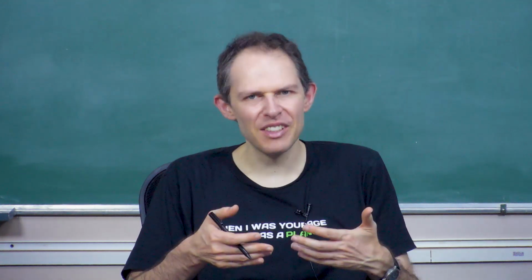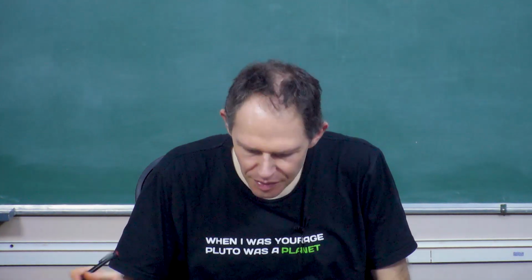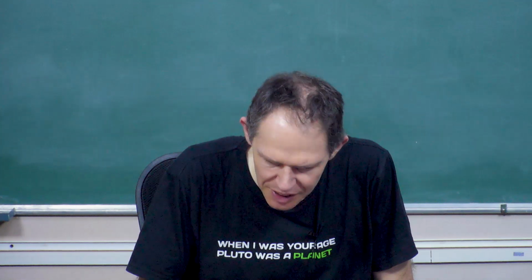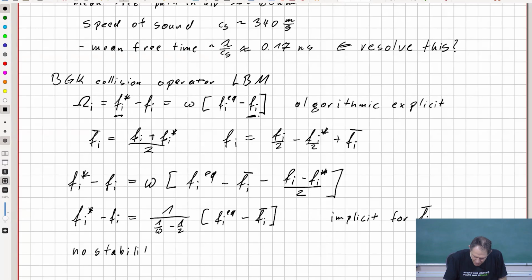Now, implicit algorithms don't have a time constraint, so they can have arbitrarily long time steps. So we have no stability limit on the collision time. This does not mean that we don't have a stability limit; we come to our stability limit later.